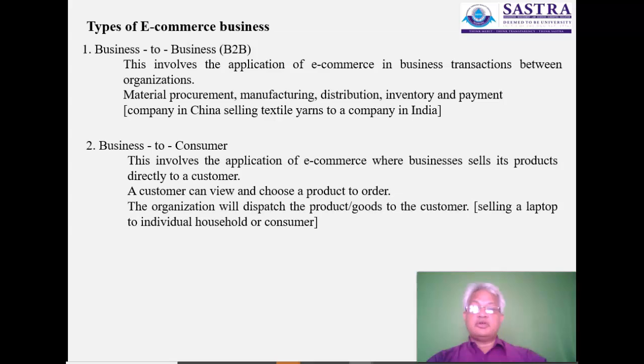A B2B e-commerce business involves the application of e-commerce in business transactions. It can involve activities like material procurement, manufacturing, distribution, inventory, payment, etc. For example, if a company which is a manufacturer of textile yarn in China is selling through Alibaba.com to a customer in India, we call such a transaction B2B.